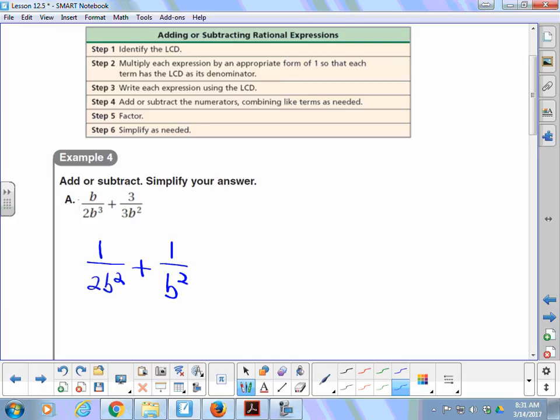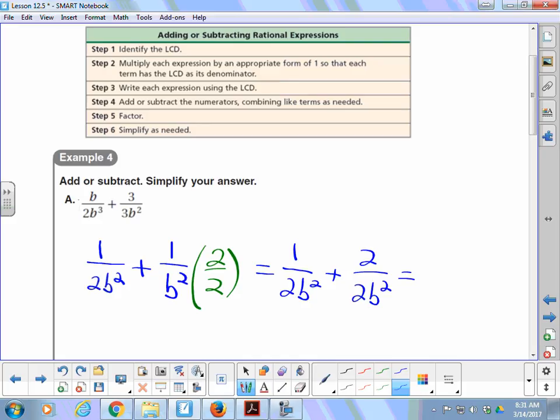So that means I need to multiply the second fraction by 2 over 2 to get that common denominator. So we have 1 over 2b squared plus 2 over 2b squared.